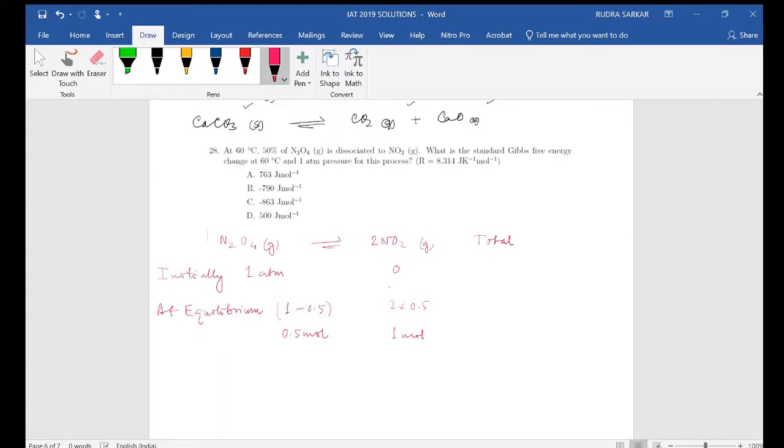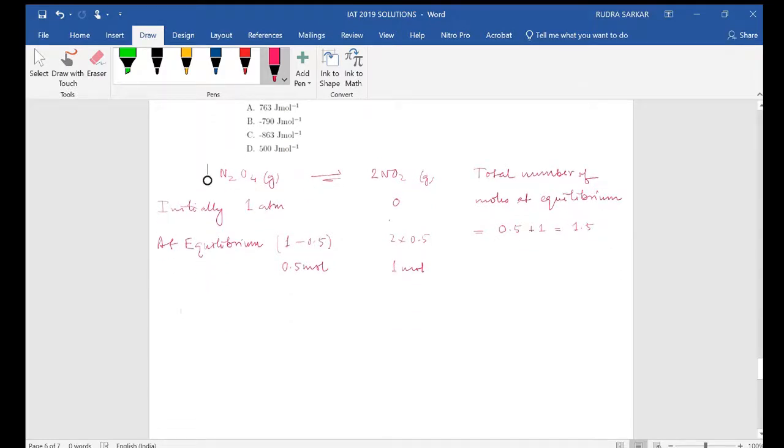Total number of moles at equilibrium is equal to 0.5 plus 1, that is 1.5 moles.